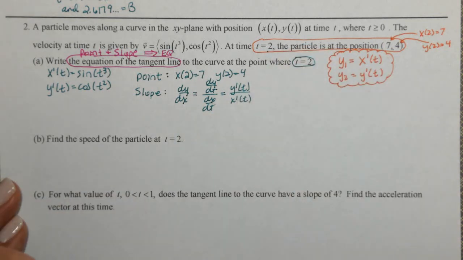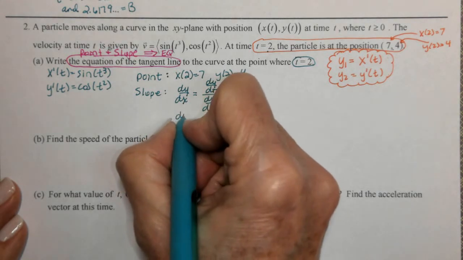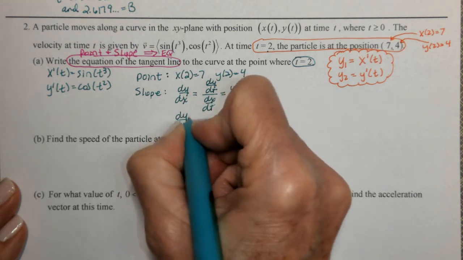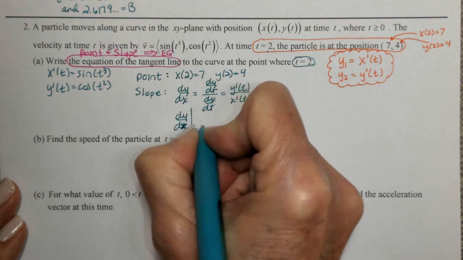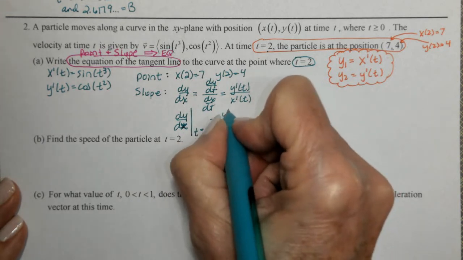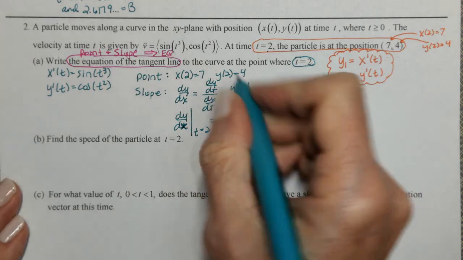So dy/dx when time is 2 is y prime of 2 over x prime of 2.